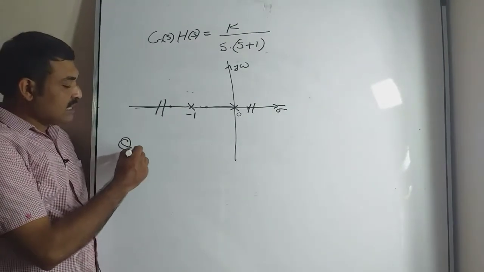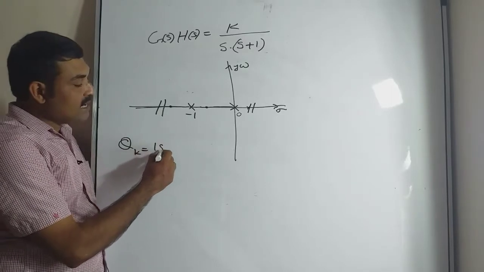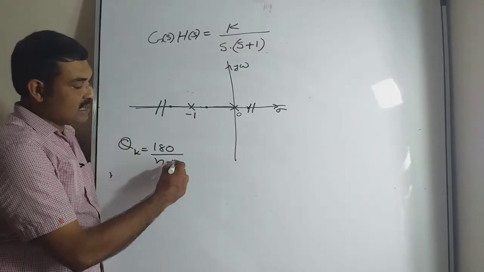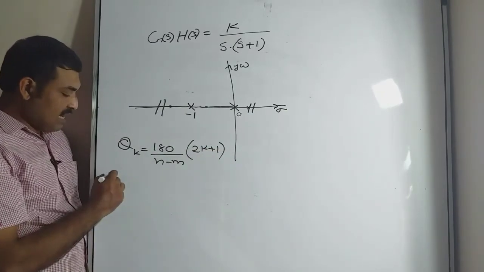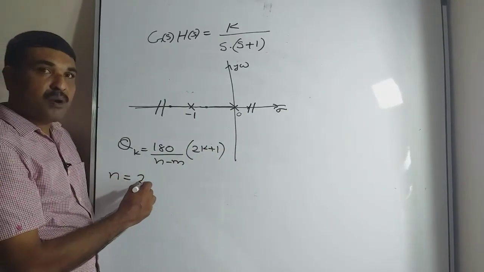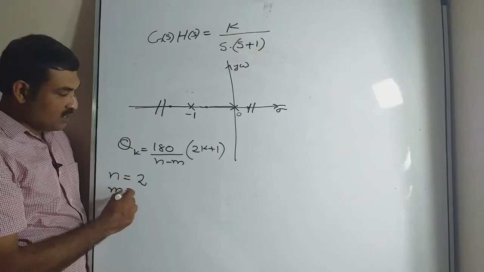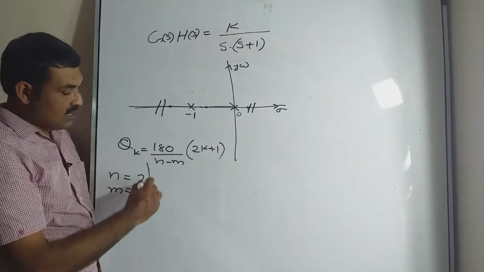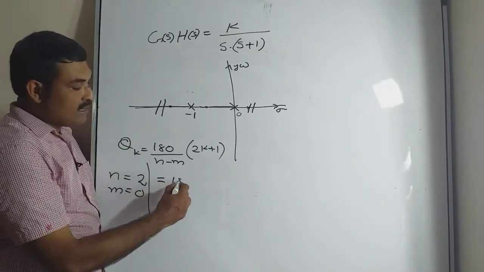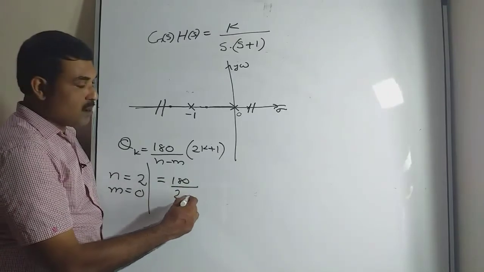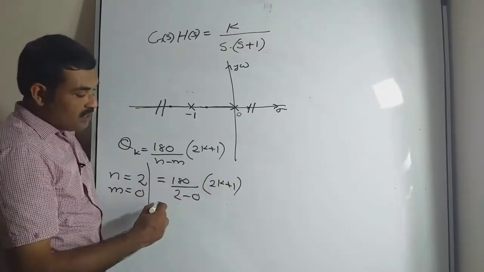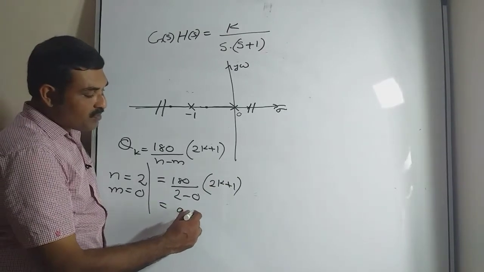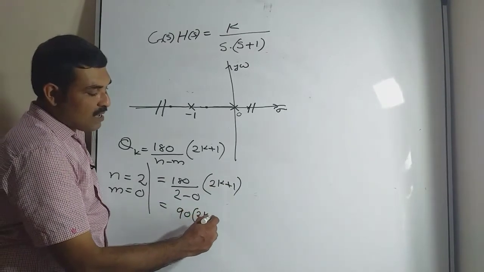Okay. Now we want to find the angle of asymptote. Angle of asymptote theta k is equal to 180 divided by n minus m, multiplied by 2k plus 1. Here n is equal to 2 open loop poles and m is equal to 0. So theta k is equal to 180 divided by 2 minus 0, multiplied by 2k plus 1, that is equal to 90 multiplied by 2k plus 1.